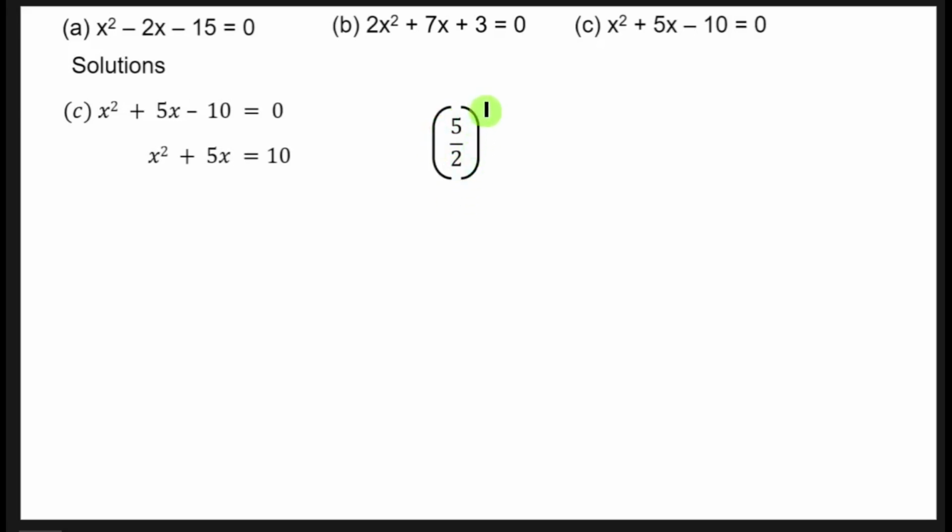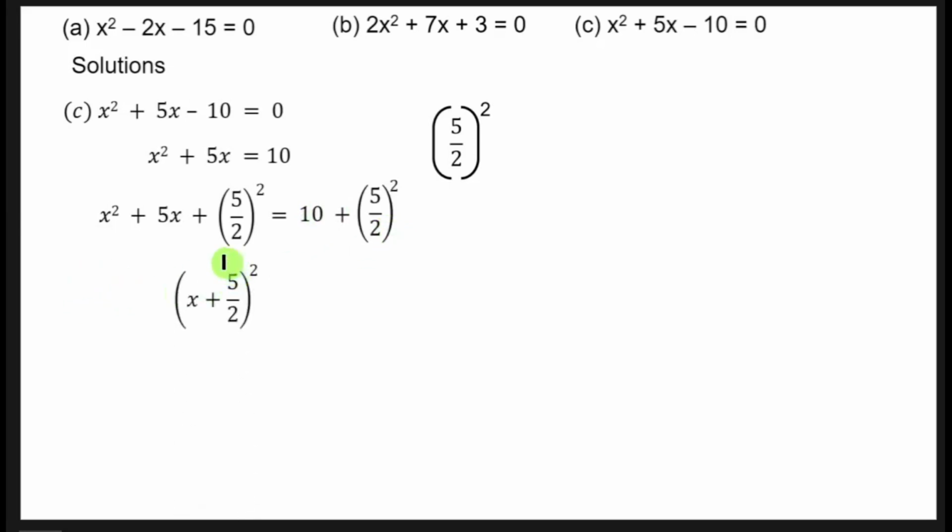All right, so we have to square it. When we square it now, we should add it to both sides of the equation. So we have x squared plus 5x, then plus, then we get this one, we add it here, then equals, then we also get the same one, we'll say 10 plus the same one here. Then we'll say x squared, we'll only pick x squared here, and x squared will only pick what is inside.